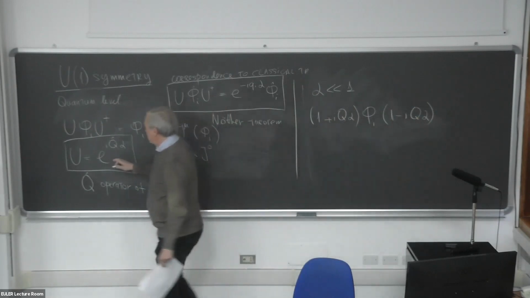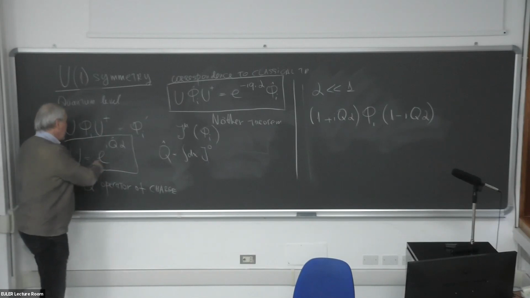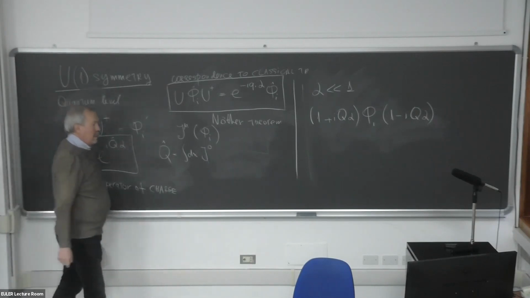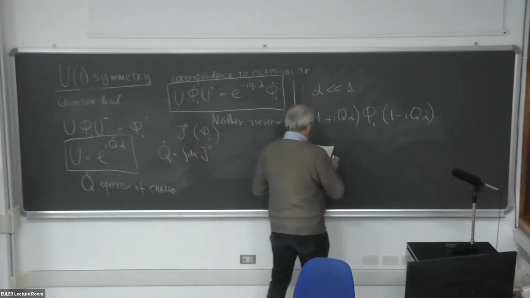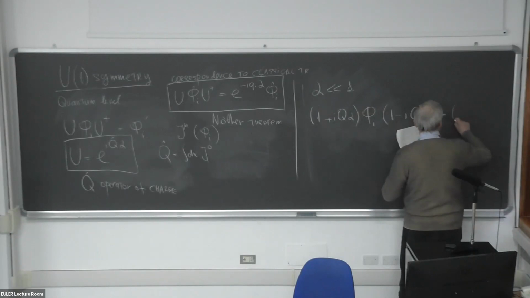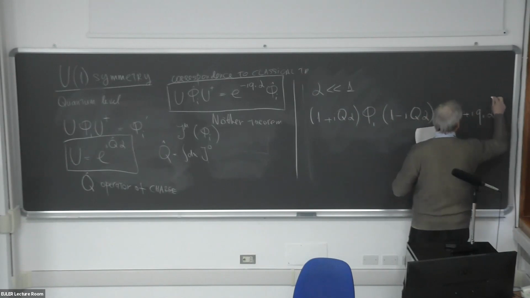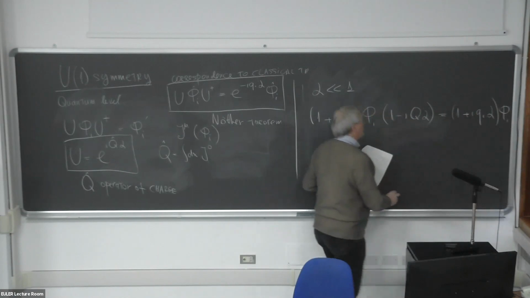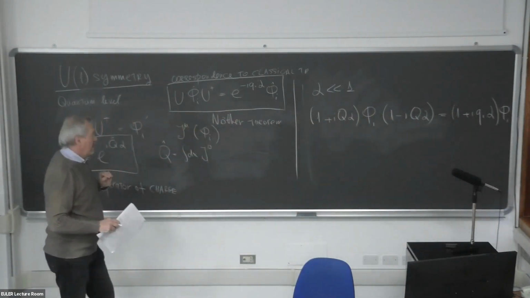Right? So I have this exponent, and I just expanded it. It's 1 plus or minus this i Q α. On the right-hand side, I have (1 + i q_i α) φ_i. So I just have written this equality for an infinitesimal transformation.